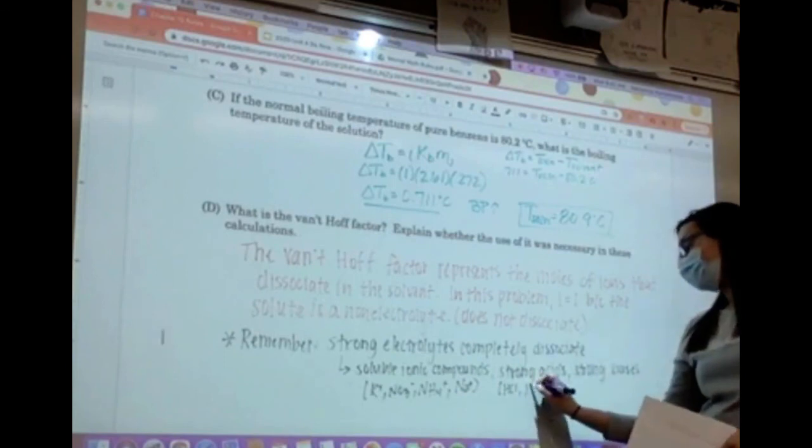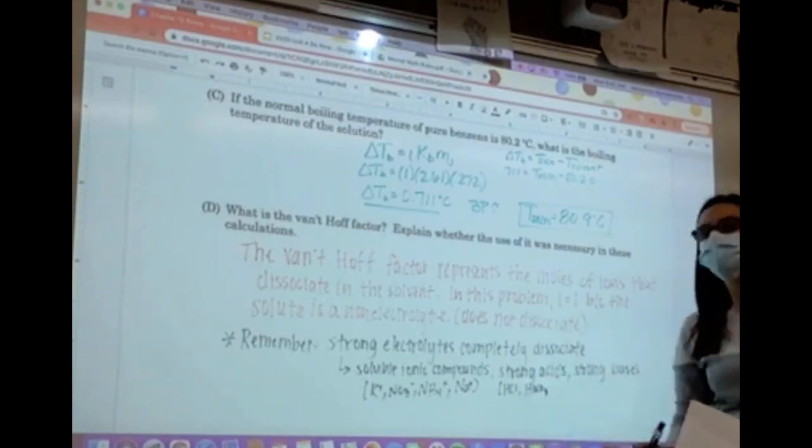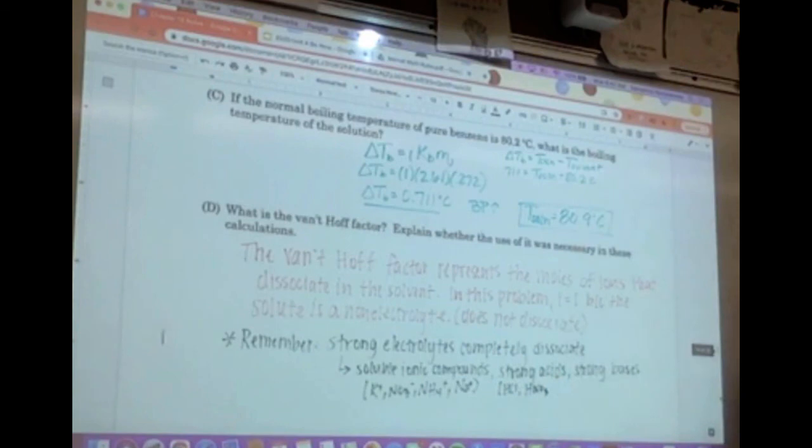Another example, HNO3, strong acid, breaks up into H plus and NO3 minus. Remember, there are 7 strong acids and then strong bases. Your strong bases are ionic, and remember that it makes the lowercase b on the periodic table. So lithium down in group 1, calcium down in group 2. You pair any of those metals with hydroxide. So like calcium hydroxide is Ca(OH)2. That would break apart into 1 Ca2 plus and 2 OH minuses.